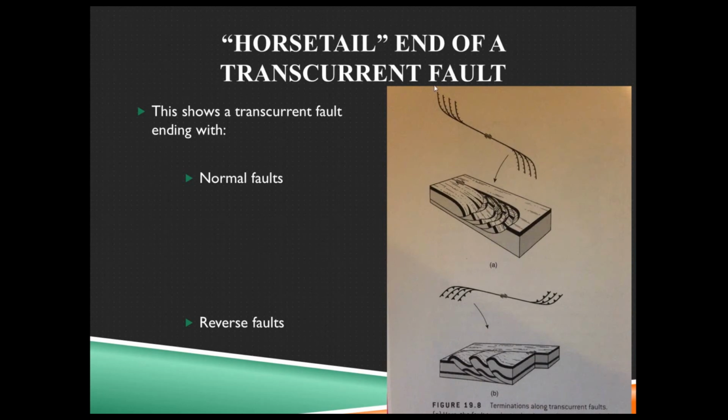Either way, this is the termination, the end of the fault. And that's why it has to splay into multiple smaller ones, to relieve all of that pressure, whether it's the compression pressure giving you the reverse faults, or all of the tension giving you the normal faults.